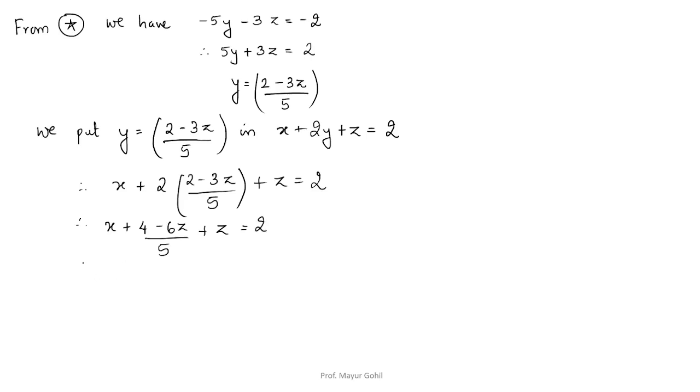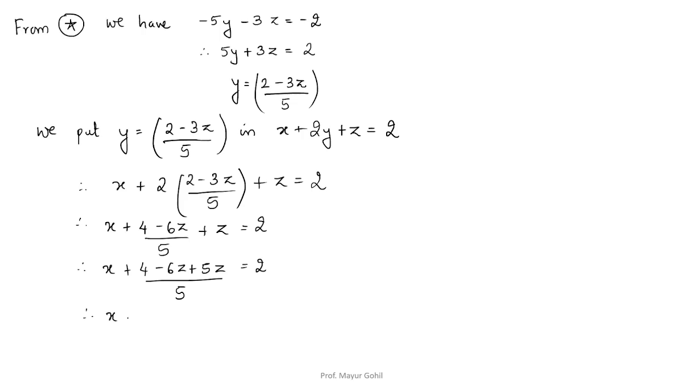So therefore x plus 4 minus 6z plus 5z over 5 is equals to 2.